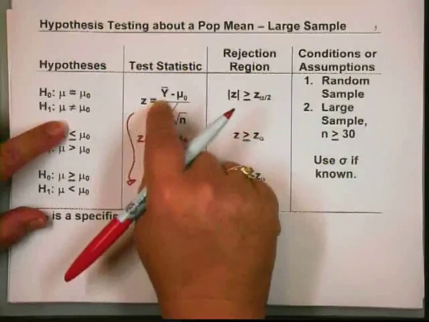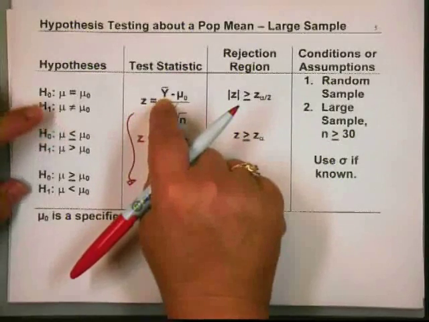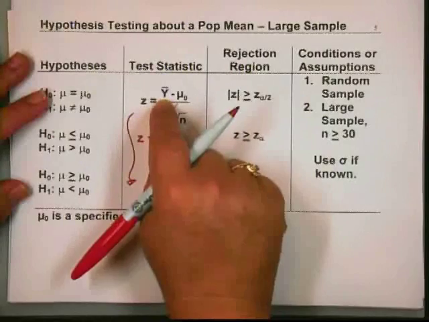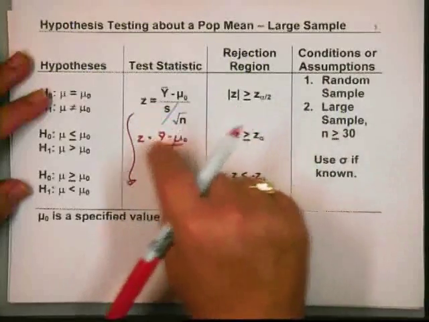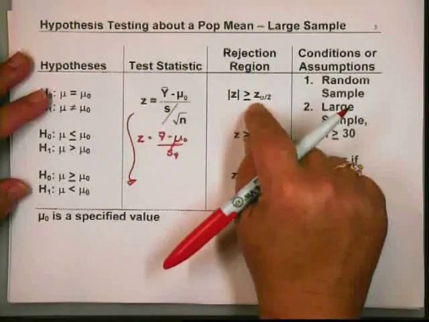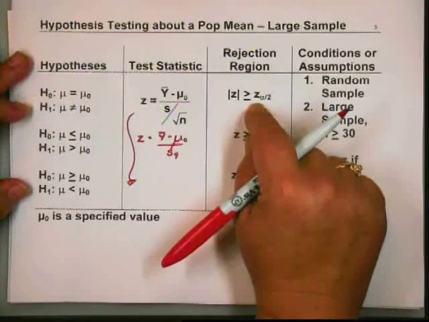If H naught is false, y bar could be very far to the left of mu naught, and that means this numerator would be negative, and z would be negative. So if the absolute value of that z is large, then we would say that is evidence that the null hypothesis is false.